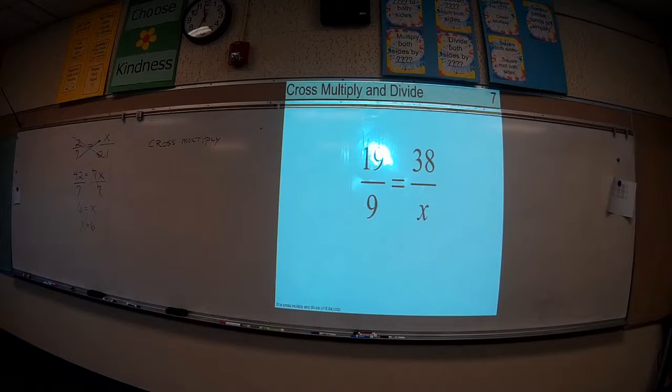Something's missing. If you go to slide 7, it's right there in front of you. Cool, hold on to that. Do not erase your board yet.